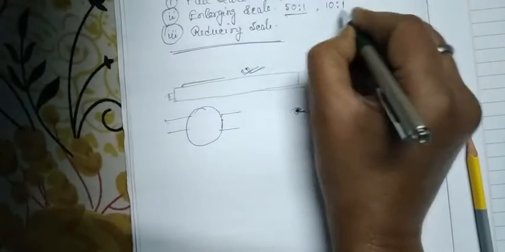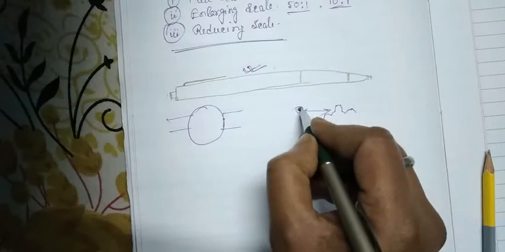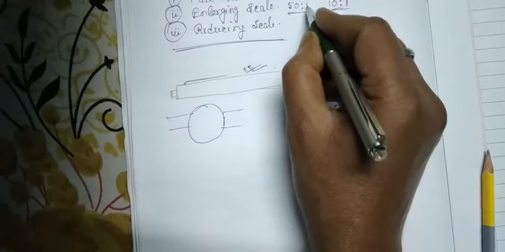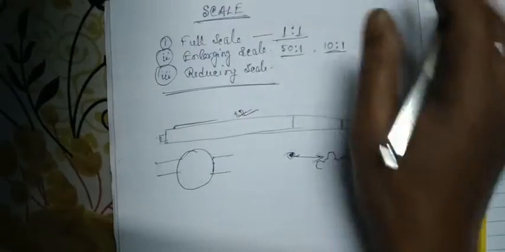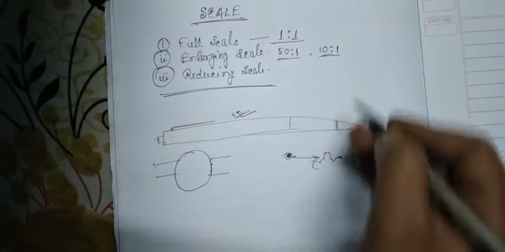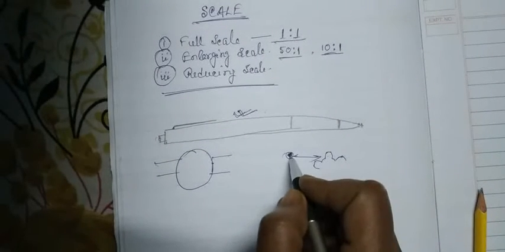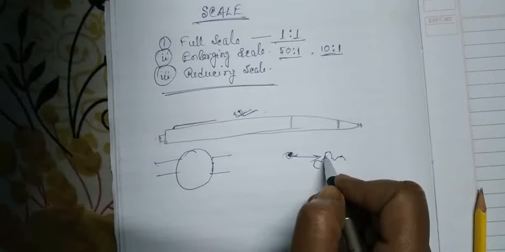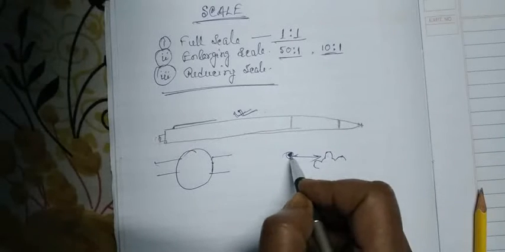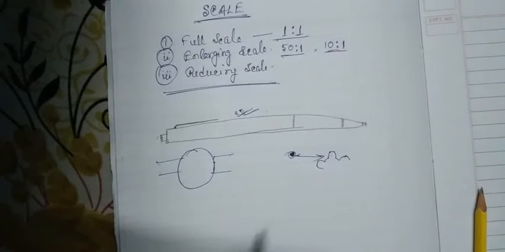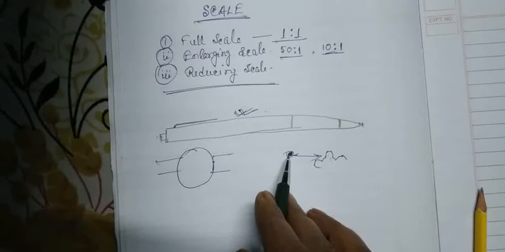Here 1 is the original size of the object, suppose 1 millimeter, and we draw it by multiplying this diameter by 10, meaning 10 times bigger. So the drawing size is 10 times bigger than the original size of the object.